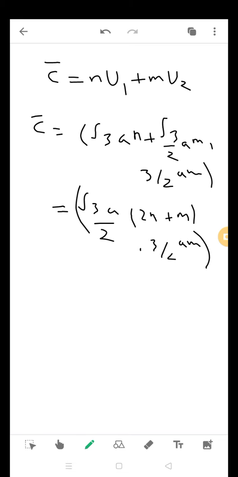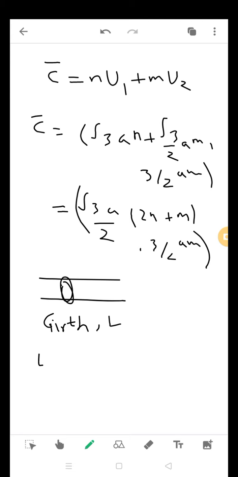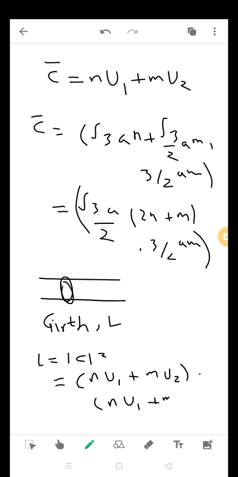Now, whenever we are converting a graphene sheet into a nanotube, there will be a need to find out the circumference, what is called the girth, or L. L is nothing but the modulus of the chiral vector C, and that is equal to the square root of (nU1 plus mU2) dot (nU1 plus mU2).